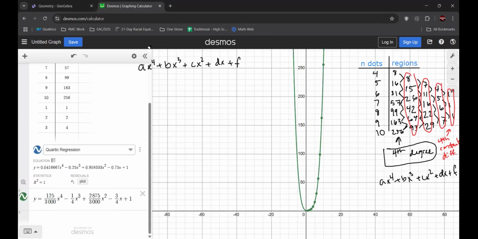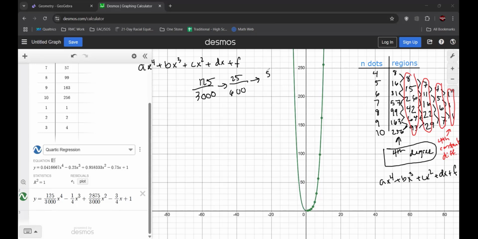Also, 125 over 3,000, both of those can be divided by 5. So let's reduce. What's 125 divided by 5? Hold up, I'm going to write it over here. So 125 over 3,000. And if I divide that by 5, that's 25. 3,000 divided by 5 is 600.